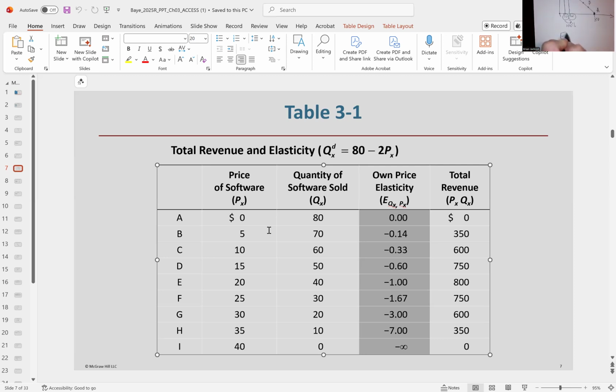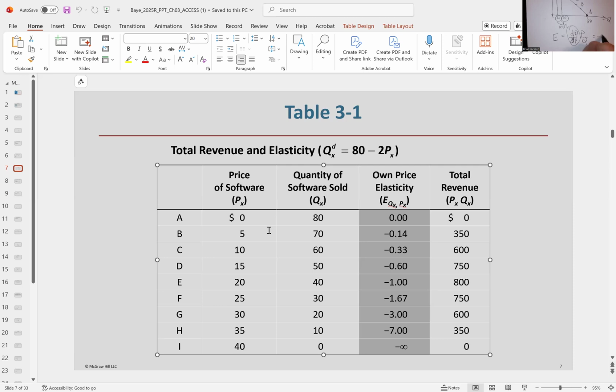Using a little basic calculus, the price elasticity of demand is equal to the derivative of Q with respect to P, you can write a D this way or this way, it means the same thing, times P over Q. So you find the derivative of Q with respect to P. If you differentiate a polynomial, the derivative of 80 is 0, it's a constant, but the derivative of the last term is -2.